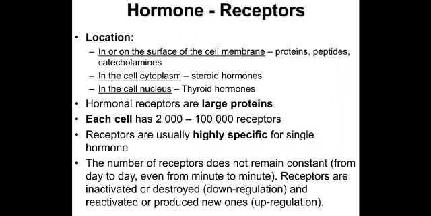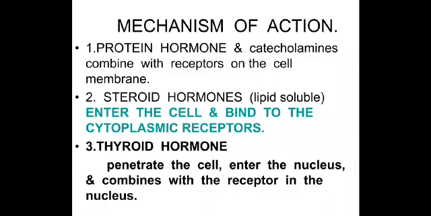The number of receptors does not remain constant from day to day, even minute to minute. It keeps on changing. The receptors are inactivated or destroyed, that is downregulation, or reactivated or produced anew, which is upregulation. So for most of the hormones, the mechanism of action for the protein hormones and catecholamines is that they combine with the receptors on the cell membrane.